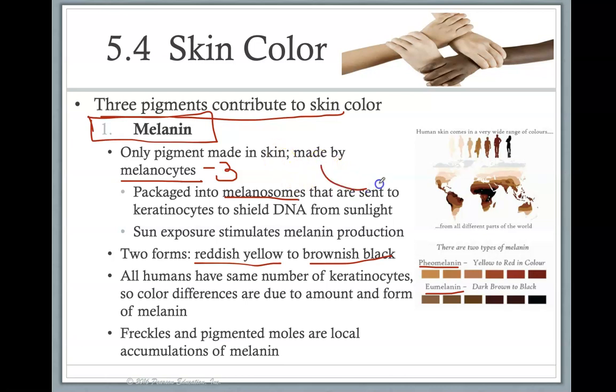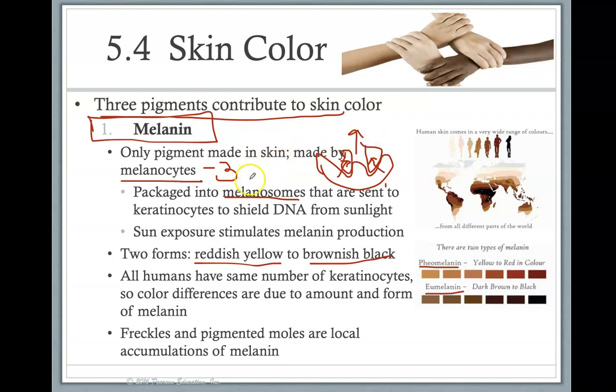So remember that the melanocytes look kind of like this. And then we have the keratinocytes that sit like this, okay? And so what ends up happening is those melanocytes package up that melanin into these melanosomes and then shoot it into these keratinocytes, okay? As they move up into the stratum spinosum layer, okay?